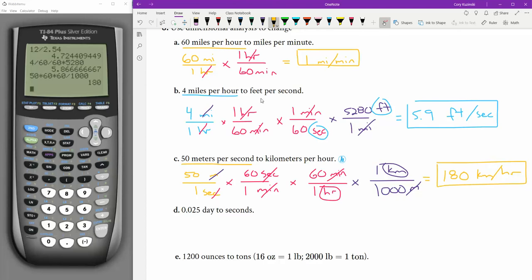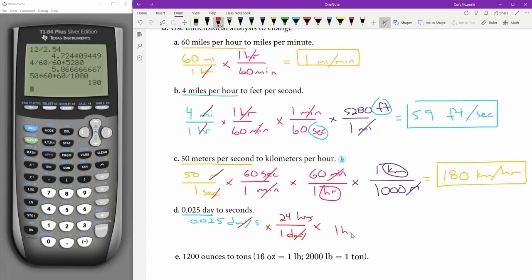0.025 of a day into seconds. 0.025 of a day. Yeah, I guess kind of messed that up. Let's try this again. 0.025 days. All right. Every day has 24 hours. Just start with what we know. Boom, cancels.